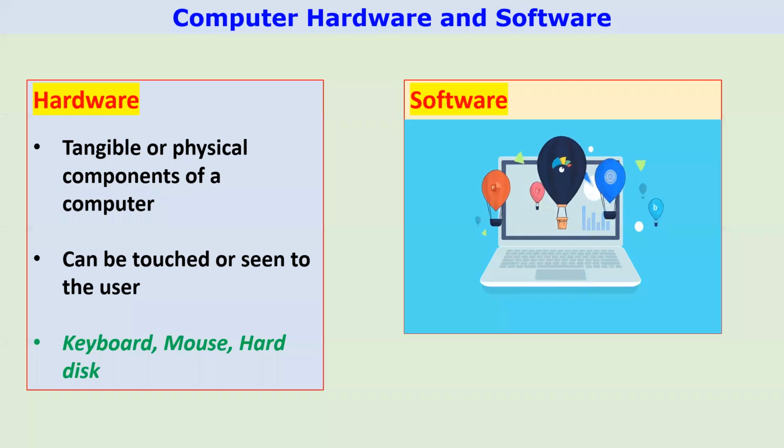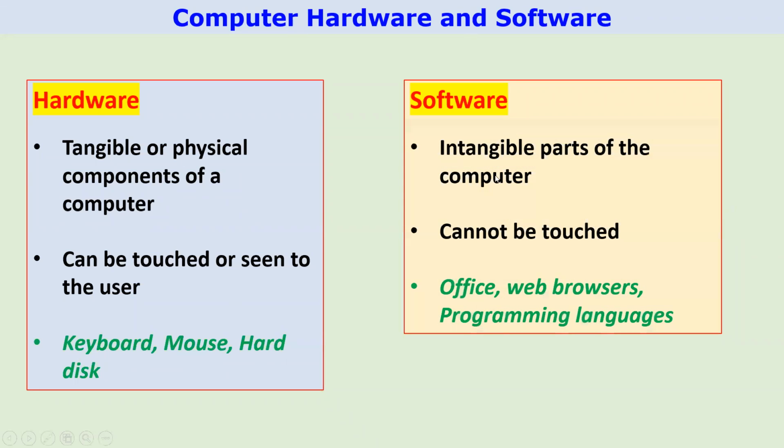The output you can't touch it. The screen you can touch, but the output you can't touch. Therefore, these things we can categorize under software. Intangible parts of the computer cannot be touched. Some examples you can find here: Office, web browsers, programming languages, like that. That's the difference between hardware and software.